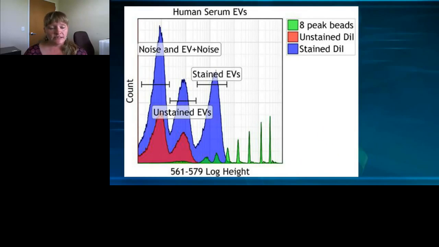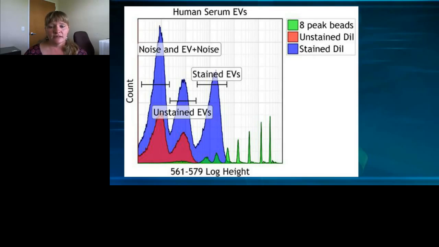When you are running your extracellular vesicles, it's very important that you use these calibration techniques to be able to determine your fluorescence sensitivity on your system. We can see here on this histogram that we have the 561-579 log height versus the number of counts. We have three different populations. This particular population is our human serum extracellular vesicles.